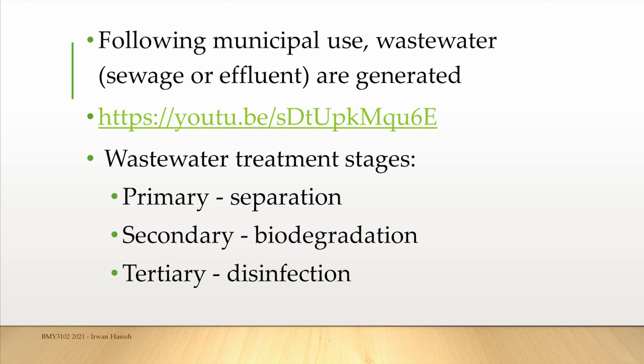The effluent from the primary treatment goes into either a trickling filter or activated sludge systems. Actually, there are more options, but let's focus on those two. In a trickling filter system, you have a bed of materials, both natural materials like rocks or gravel and artificial materials as well, like plastics.